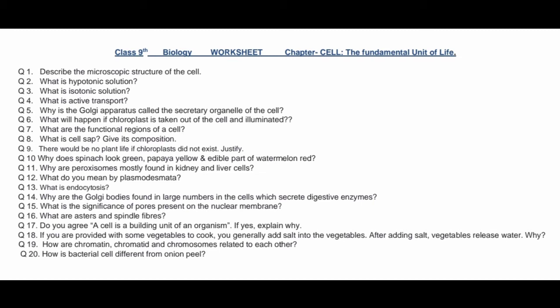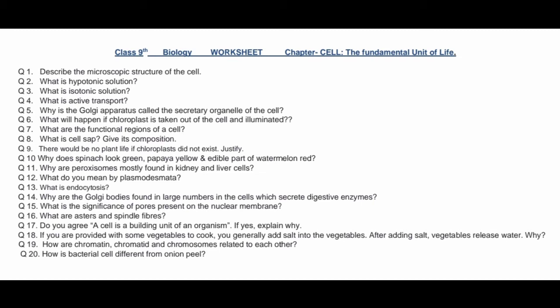So we can say chloroplast contains a pigment, that is chlorophyll, which is responsible for food preparation in plants by the process of photosynthesis. Hence, if there were no chloroplast, then there would not be any process of photosynthesis, and hence we can say there would not be any plant life. Is it clear to you?